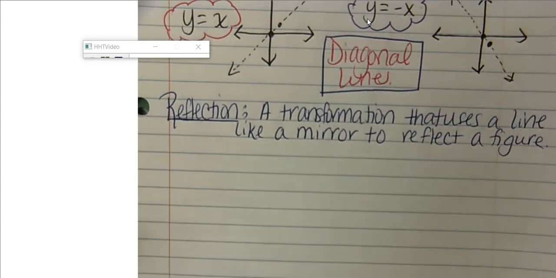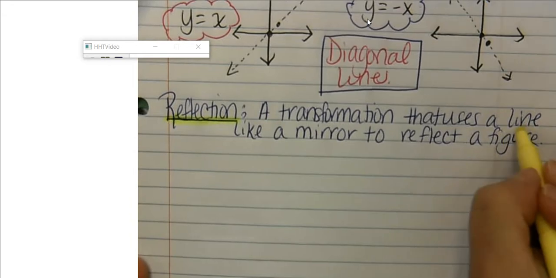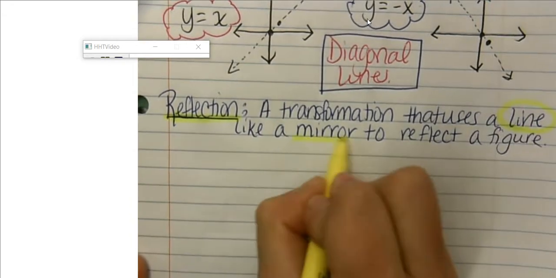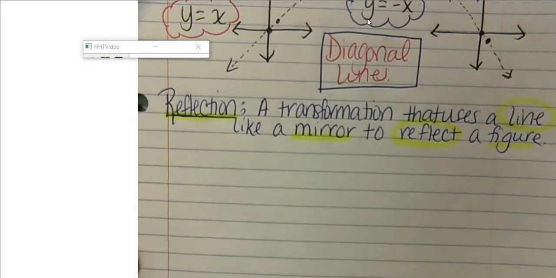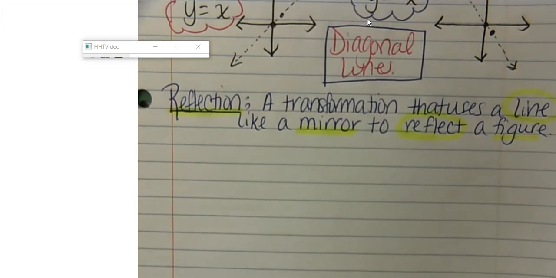So a reflection is a transformation that uses a line like a mirror to reflect a figure.